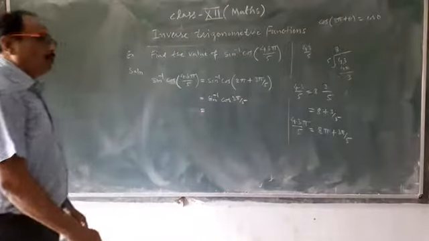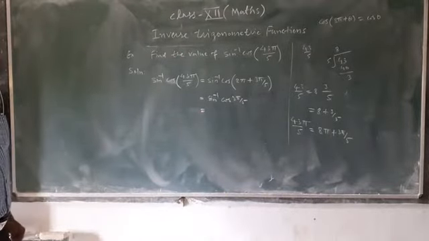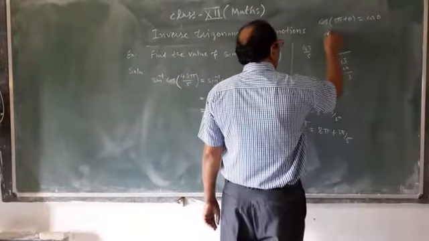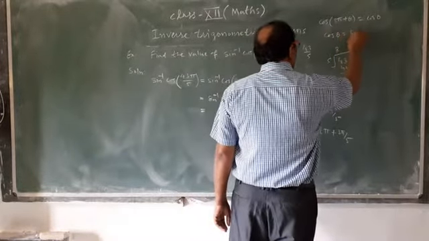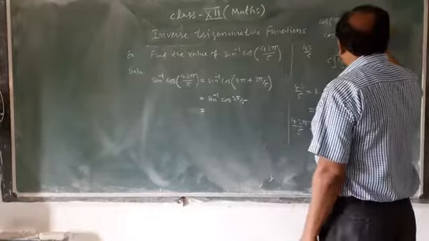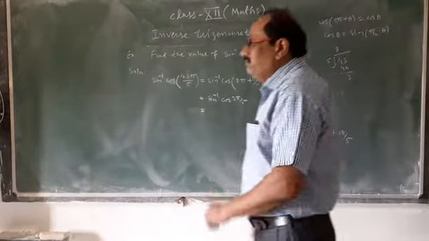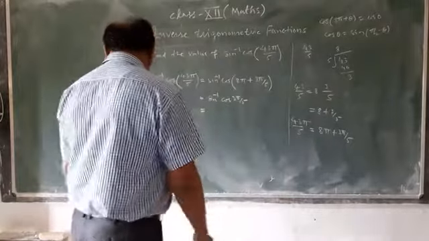What is cos theta? Cos theta is equal to sin of pi by 2 minus theta.